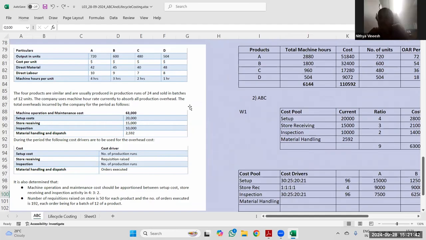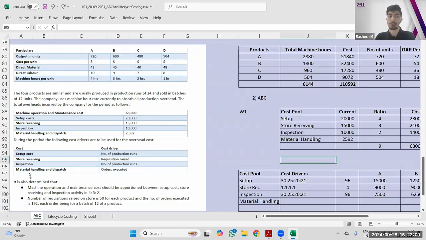So here they say the cost driver is requisitions raised. In the information, they've said the number of requisitions raised on store is 50 for each product. So it's 50 is to 50 is to 50 is to 50, or simply put, 1 is to 1 is to 1 is to 1. Okay. Got it, sir. Perfect.